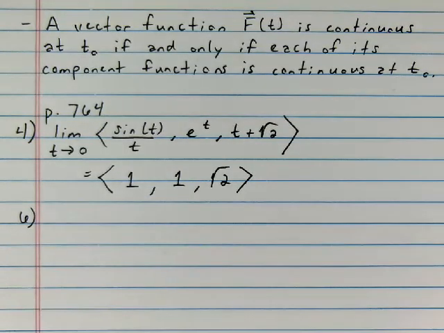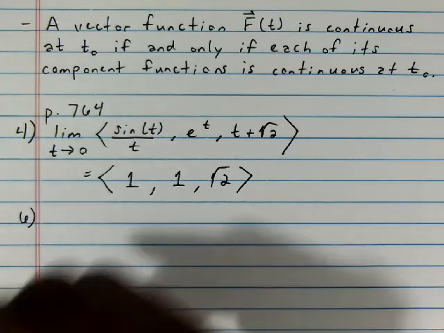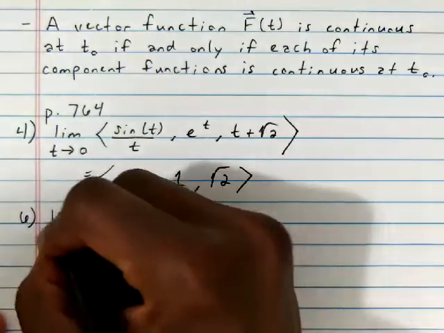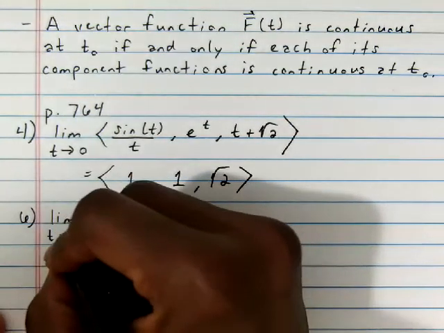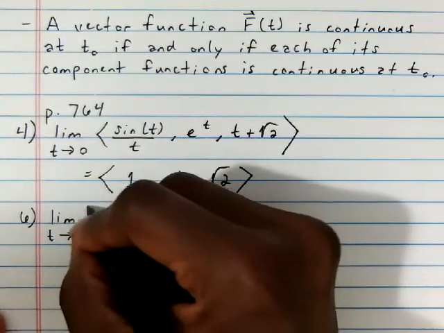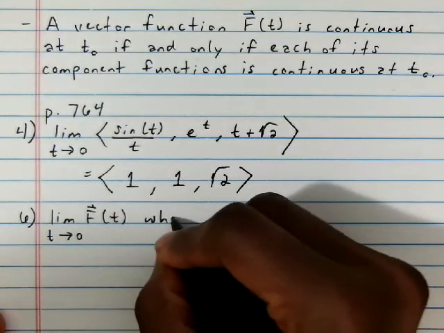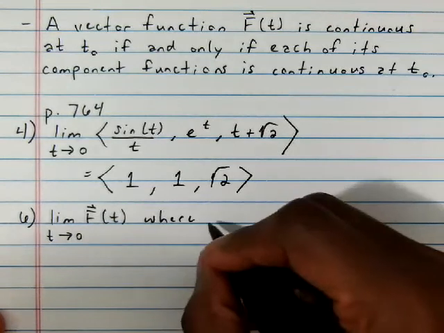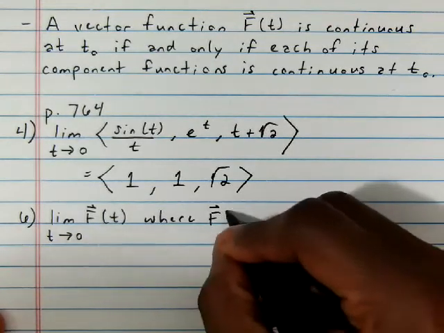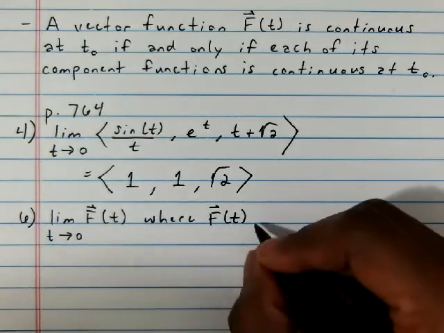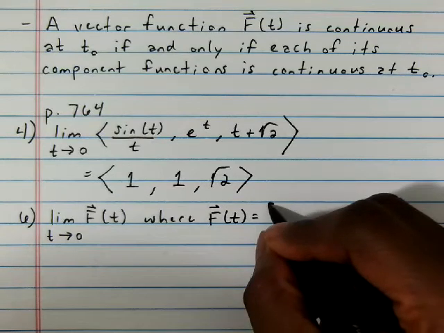So next we're going to number 6, which says the limit as t goes to 0 of f of t, where f of t is a piecewise vector function.